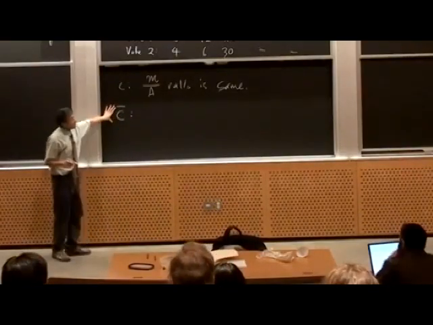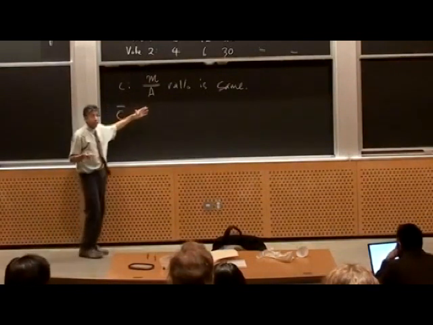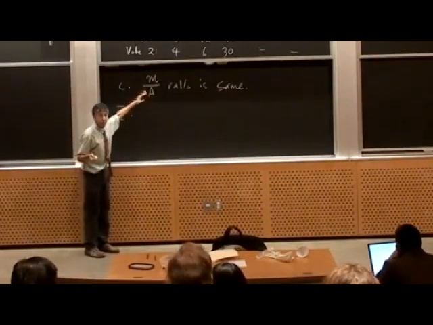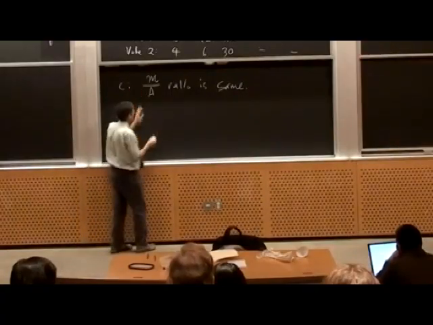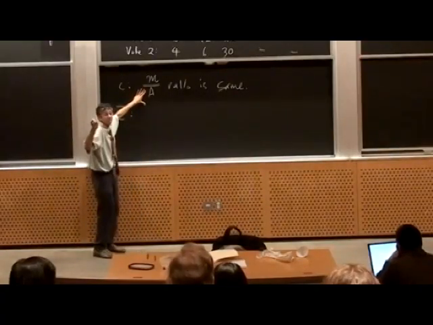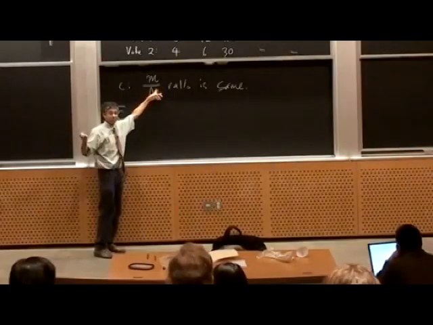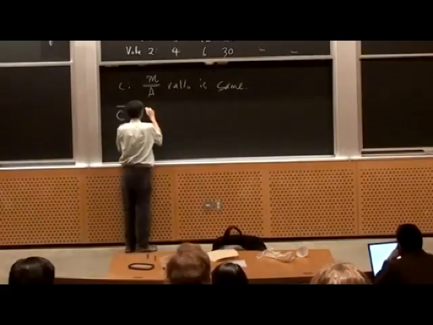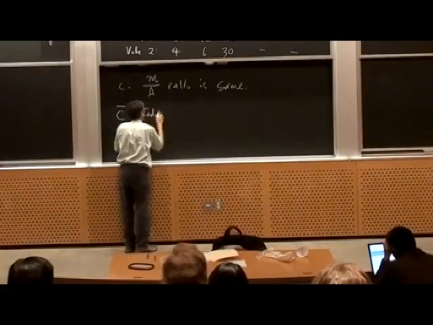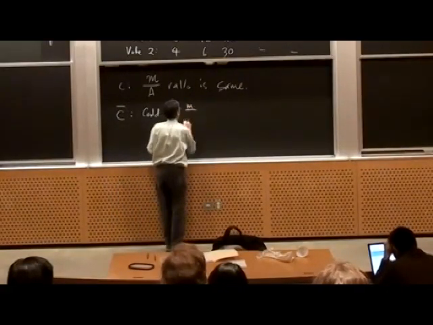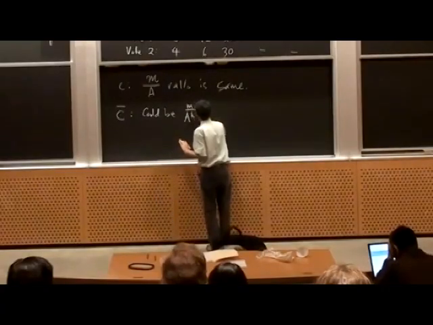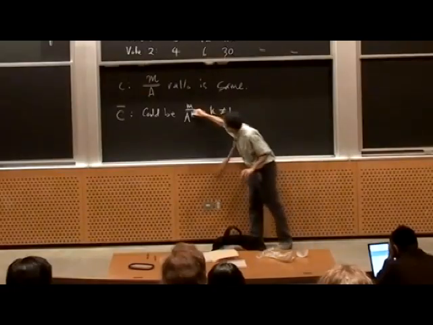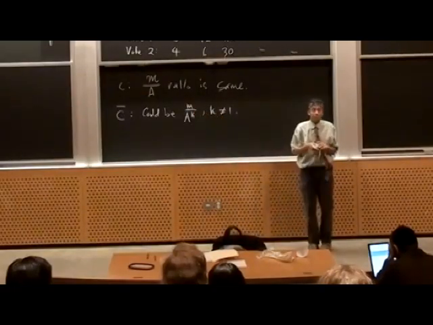So I'll call this not C. Suppose the formula actually depended on the square root of A or square of A or something like that. It's, say, 1 chance out of 3 that it has A to the first power here. It could have A to the 1/2 or A to the 2. So it could be A to the K, M over A to the K for K not equal to 1.